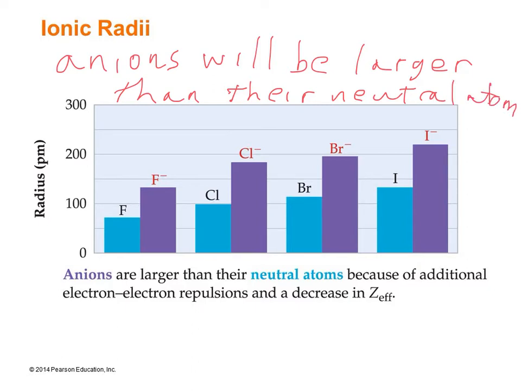If you add an electron, then that electron has to go out farther than the neutral atom. When you remove an electron, you're usually removing the last one, so you're not changing your nucleus at all. You're not changing the tractor beam strength at all, so it's going to be smaller. So cations smaller, anions larger.